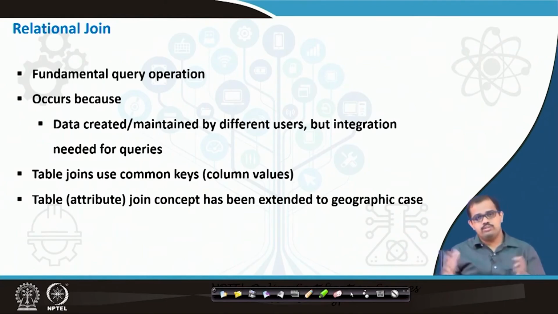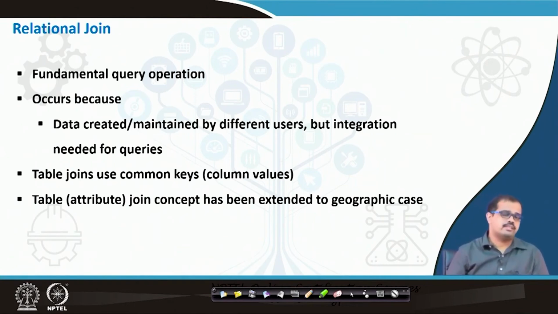So I use this process of relational join to combine the first and the third table, and that can be represented as an output for that inspector or policeman. That is the use of a relational join.